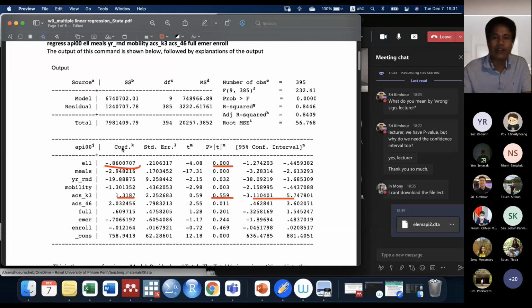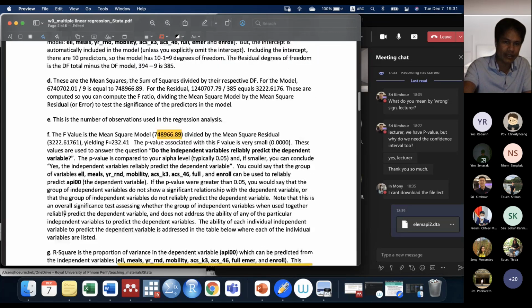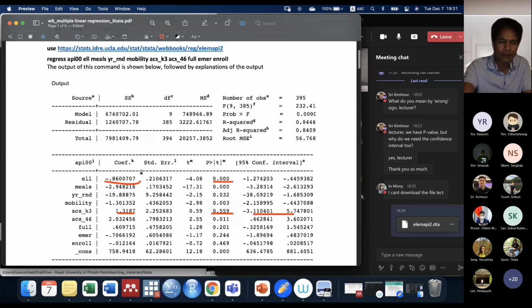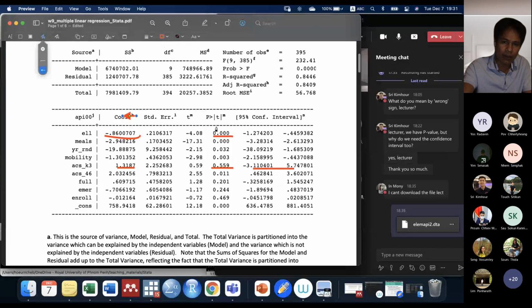So I will not go into the detail of the interpretations. You can go through them yourself, A, B, C, D, E, F, G, and so forth. All right. It is a note. For instance, on K, there is an explanation of the interpretation below. M, so you can go into the detail yourself.